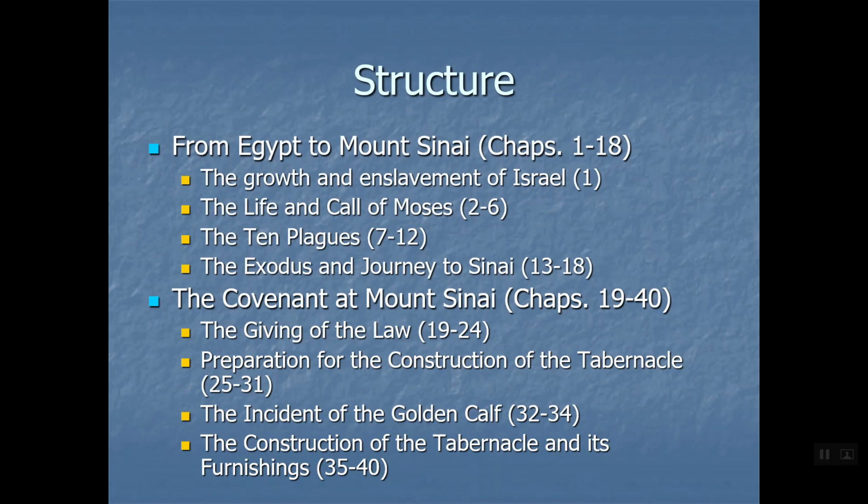Yeah. There were 10 very strong displays of power. The first couple affected them as well as the Egyptians, but after the first couple of plagues, they were only hitting the Egyptians, and the Israelites were spared from these things. So they should have known from that God's great care for them and the great power that he was, and the fact that he was doing things that the gods of Egypt could not do.